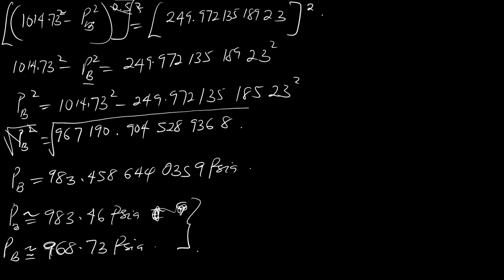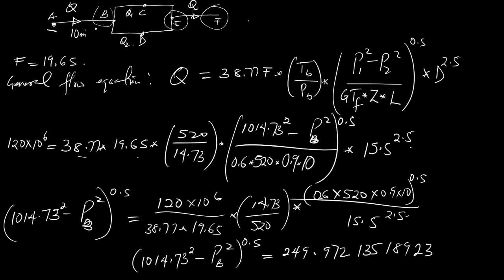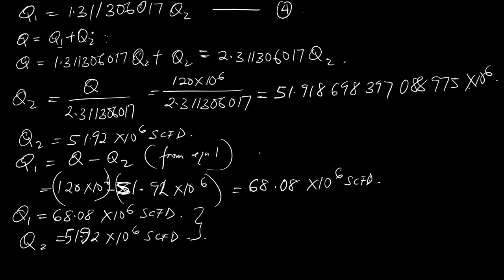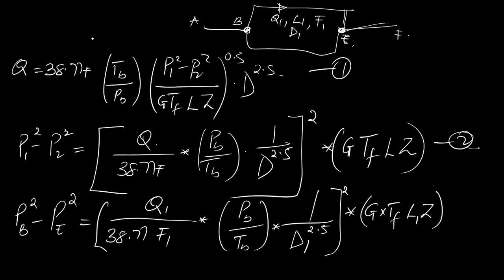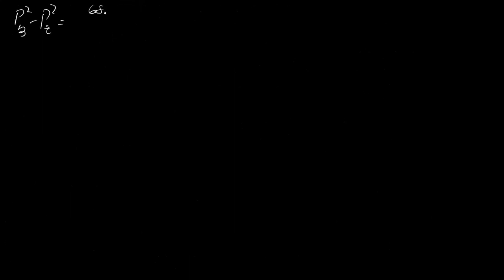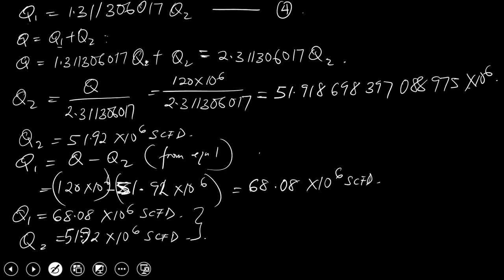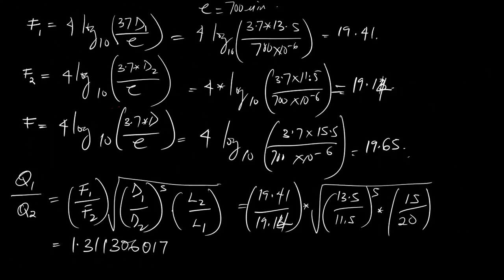We know our Q1 to be 68.08 times 10 raised to power 6 divided by 38.77 times 19.41, because F1 is 19.41, F2 is 19.14.